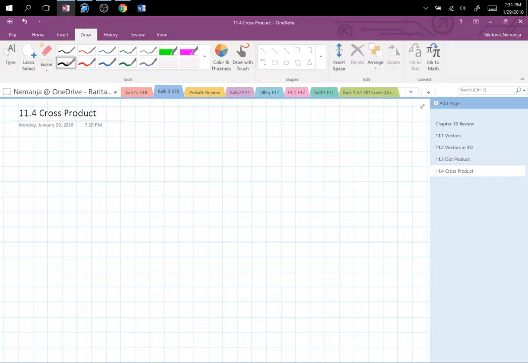Now the cross product is going to be denoted as vector u cross vector v, and as I said, this is 3D only. It's not only 3D, there are other dimensions, but since in Calc 3 we are only concerned with 2D and 3D, between those two it's only for 3D.